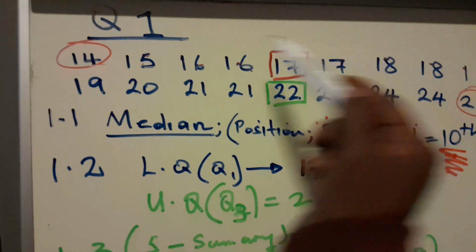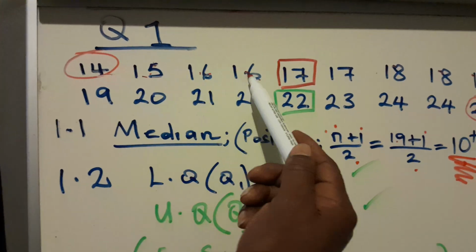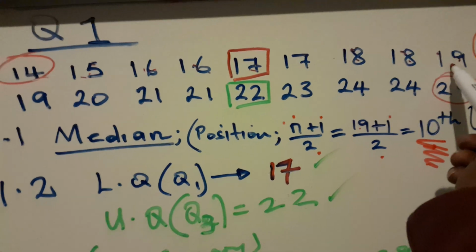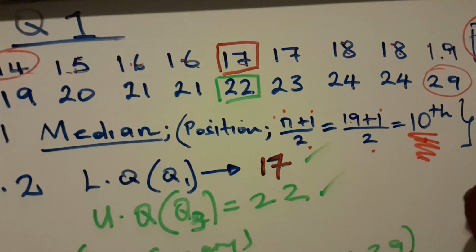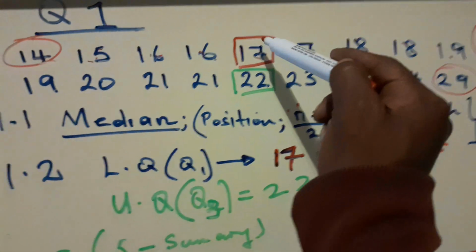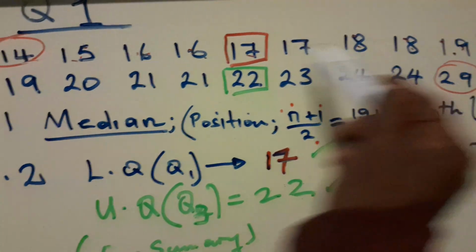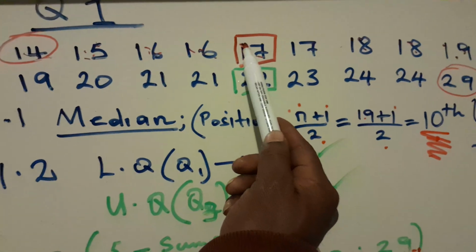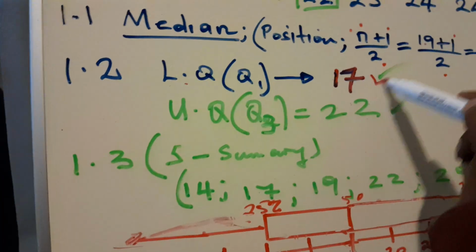So here I have 1, 2, 3, 4, 5, 6, 7, 8, 9 entries that are below the median. So the position of the middle of that part of the distribution is going to be the 5th one. 1, 2, 3, 4, 5. Can you see that? Giving me 17. So my lower quartile is 17.